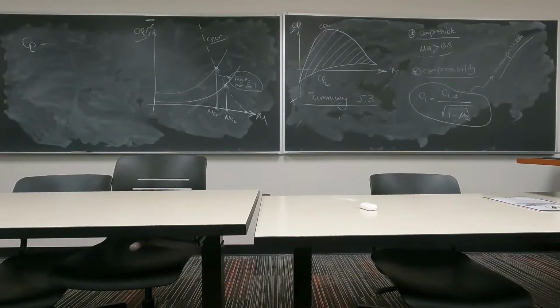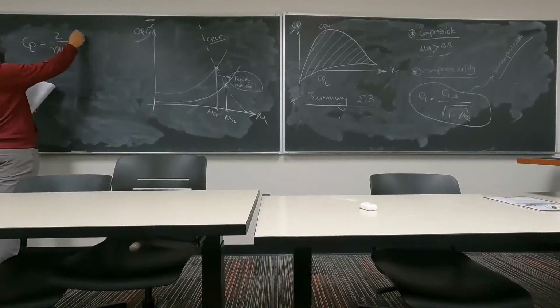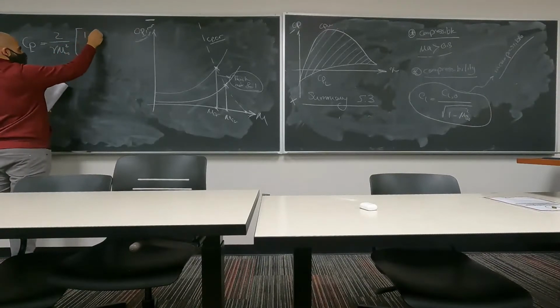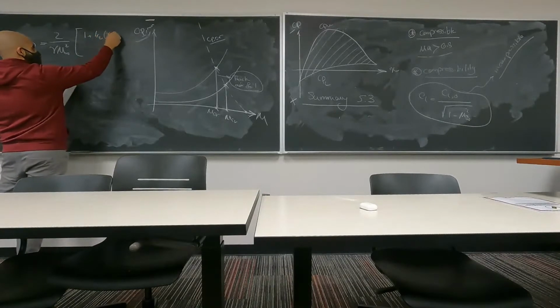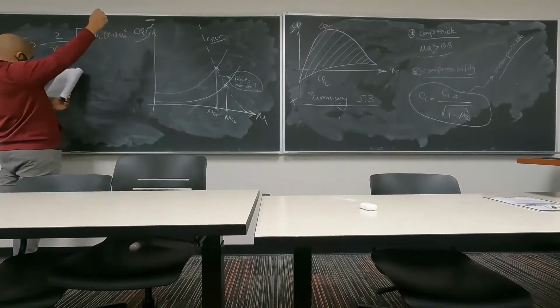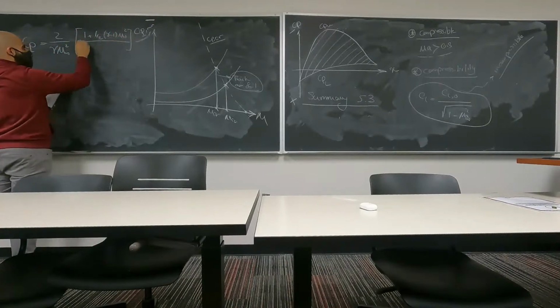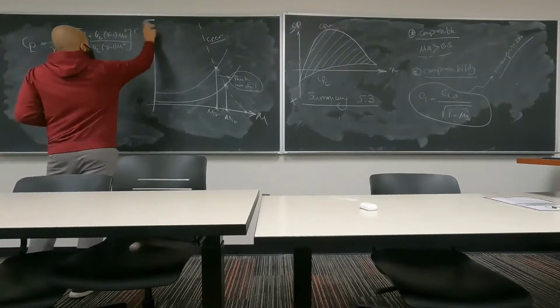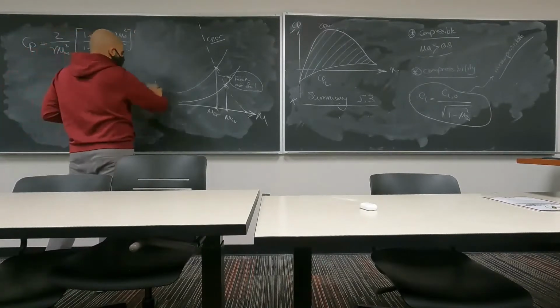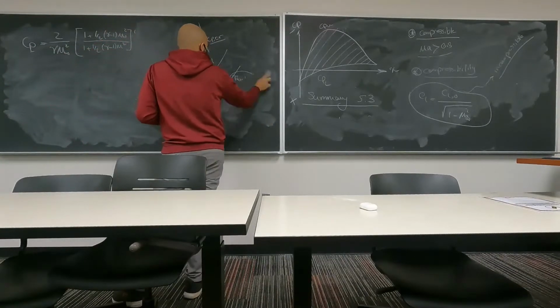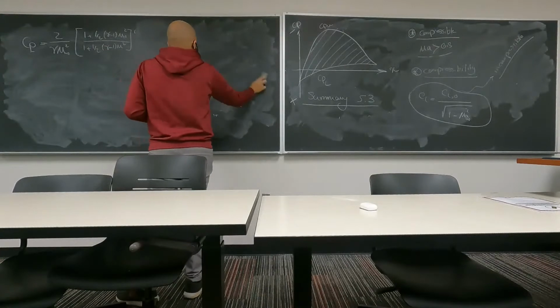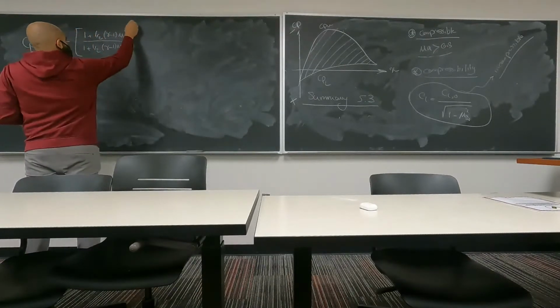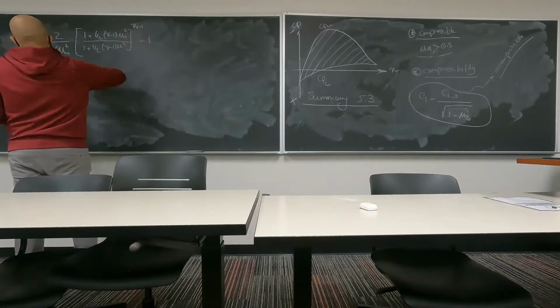The minimum pressure coefficient for a Mach number is going to be equal to 2 over gamma M infinity squared, times the quantity: 1 plus 1/2 (gamma minus 1) M infinity squared, divided by 1 plus 1/2 (gamma minus 1) M squared, to the power gamma divided by gamma minus 1, minus 1.